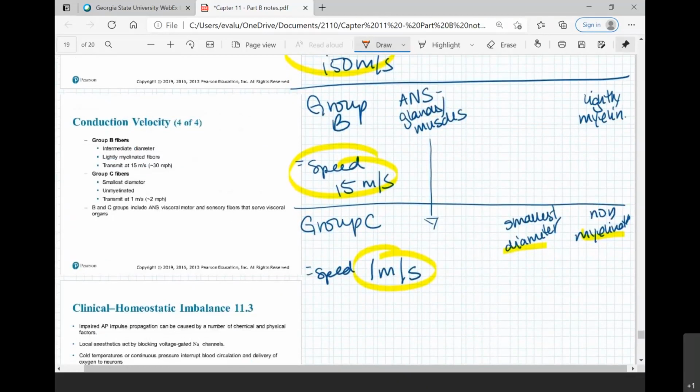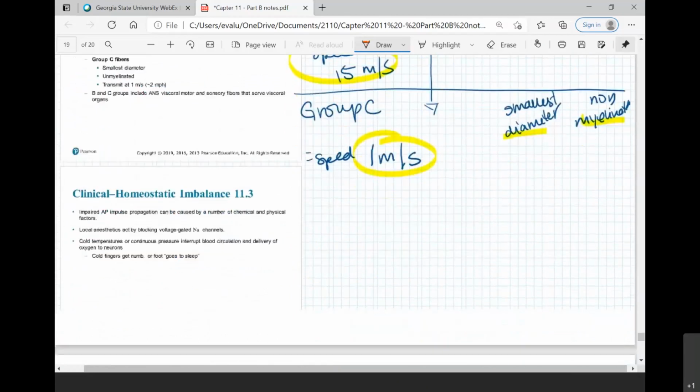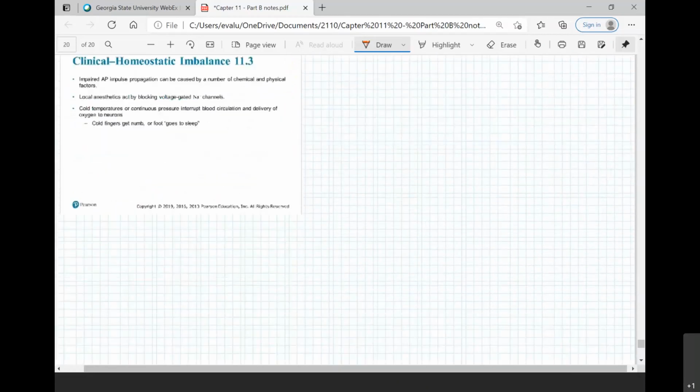So group C is you walking from point A to point B. Group B is you taking a moped from point A to point B. And group A is the most efficient of them all, where you're riding the sports car from point A to point B. That's how it works, but it's based off of diameter and myelination. The conduction velocity will be determined based on that. So that is it for part B.